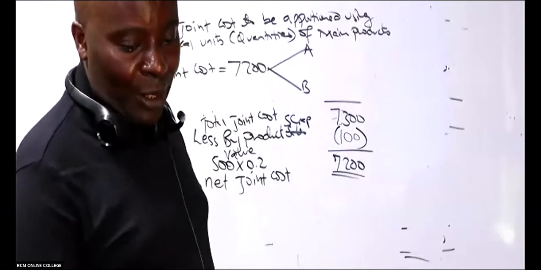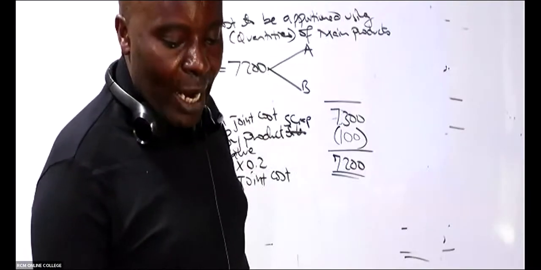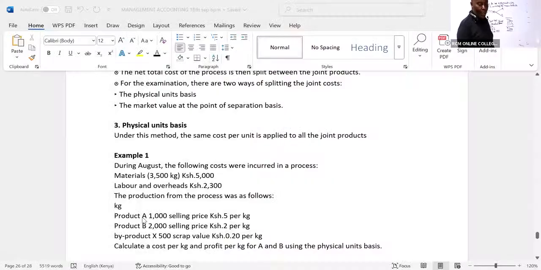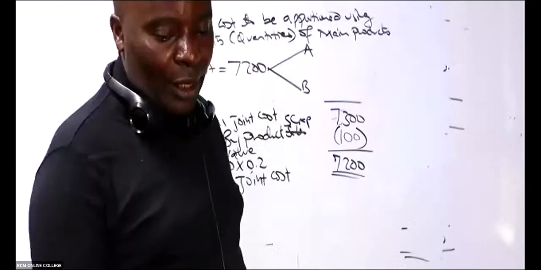And for these two main products, A and B, do we have their physical units? Yes. On this physical units basis, product A is 1,000 kilograms, and B is 2,000 kilograms.